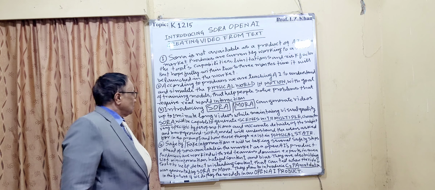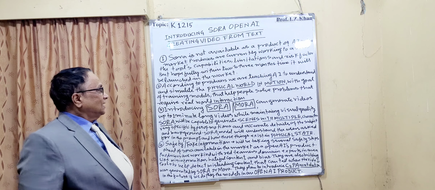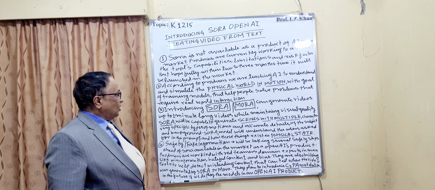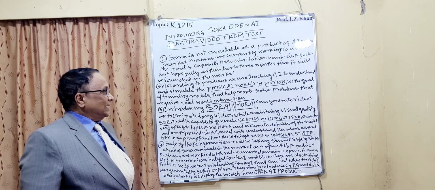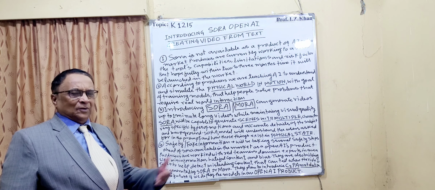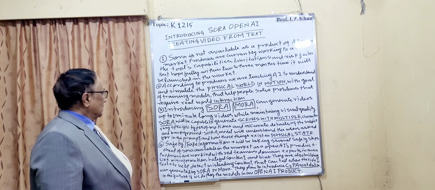Number 3, introducing Sora and Mora. First Sora and then Mora can generate videos up to 1 minute long while maintaining visual quality. And now that 1 minute will be extended up to 10 minutes, 15 minutes and 30 minutes.